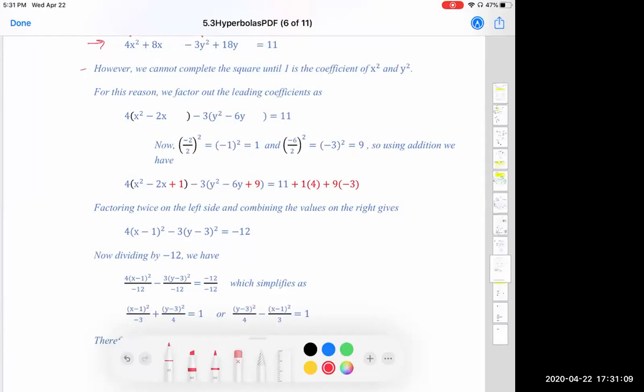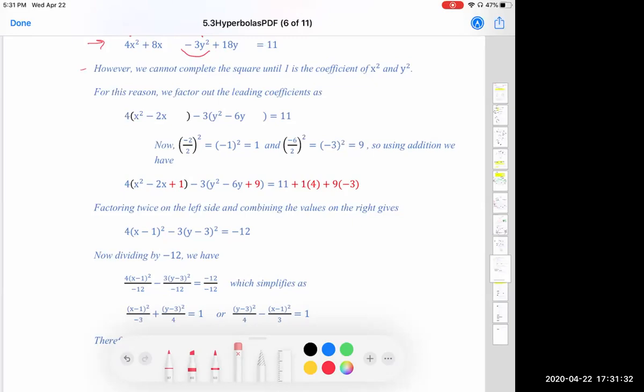Now with a negative, remember, attach the negative to that whole term, like the whole negative 3y squared, because that negative can lead you into silly mistakes. So be very careful of that. We divide 18 by negative 3 so that we get negative 6, and for our x's, we divide everything by 4.